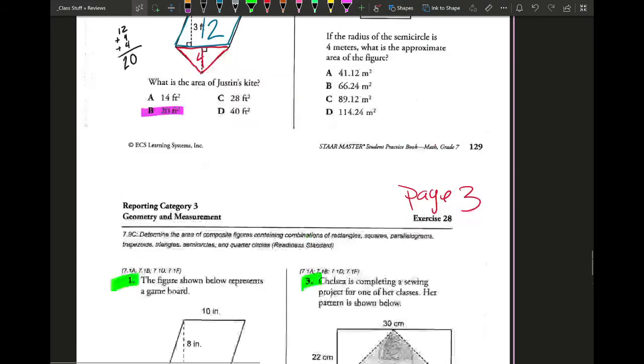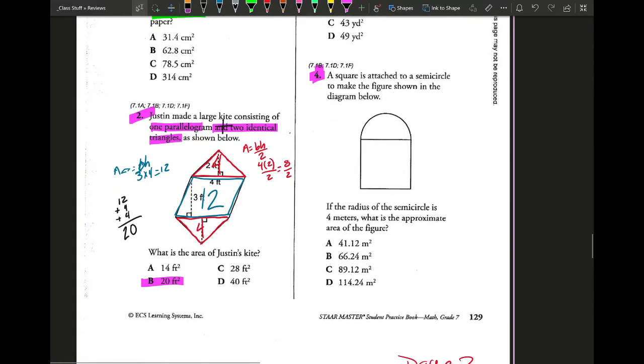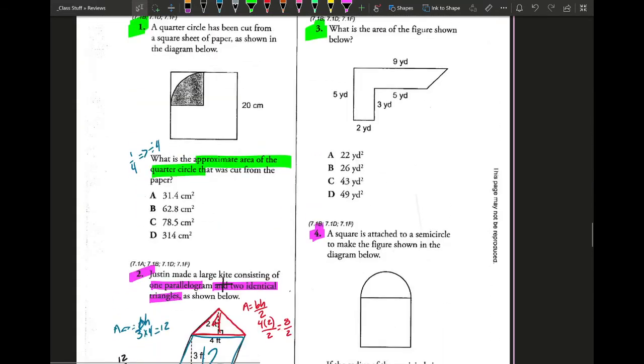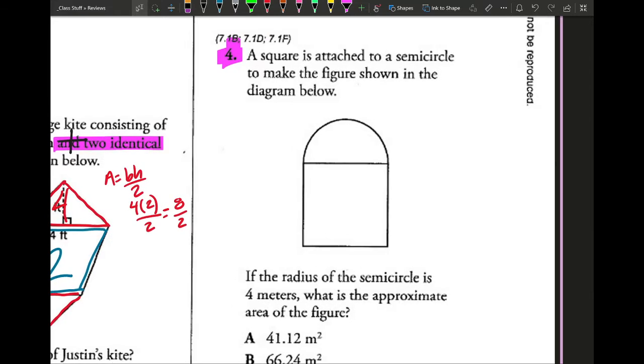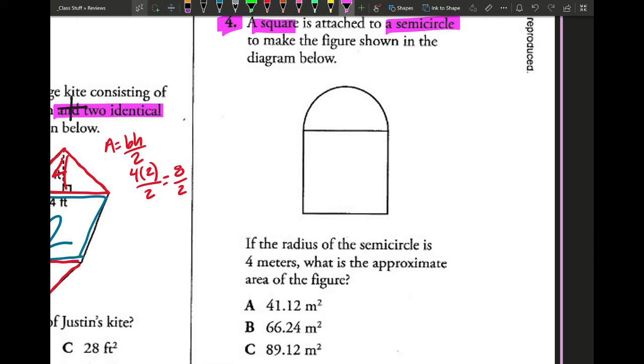Okay, let's see, number 4 on page 2. It says a square is attached to a semicircle to make the figure shown below in the diagram. If the radius of the semicircle is 4 meters, what is the approximate area of the figure?